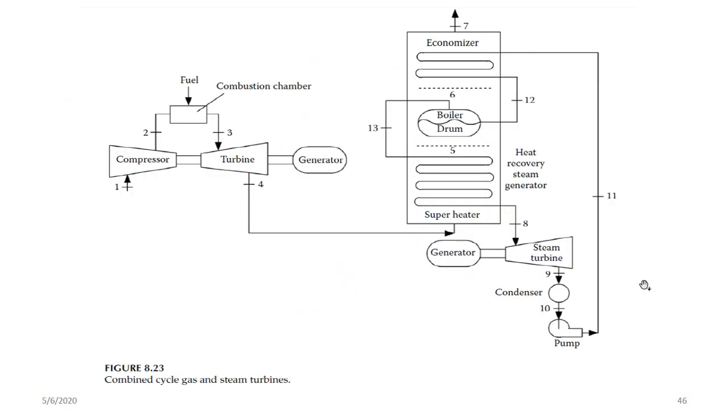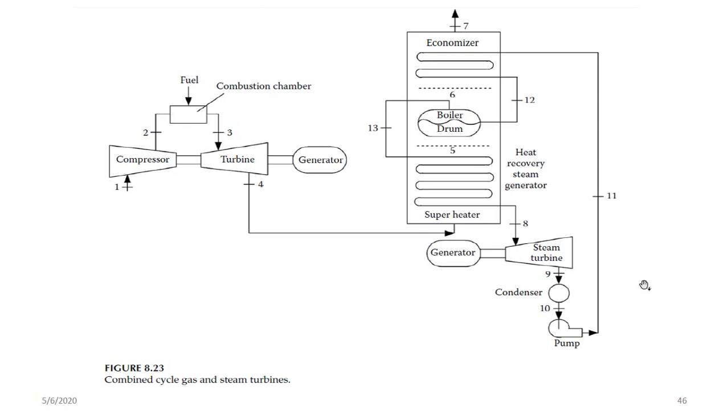Okay, and this is a sketch of the arrangement I just talked about. So look at, on your extreme left, you've got a compressor, combustion chamber, and a turbine. And this turbine is coupled to a load, and in this case it's a generator which is used to generate electricity.